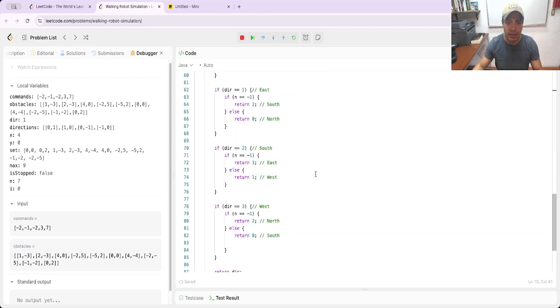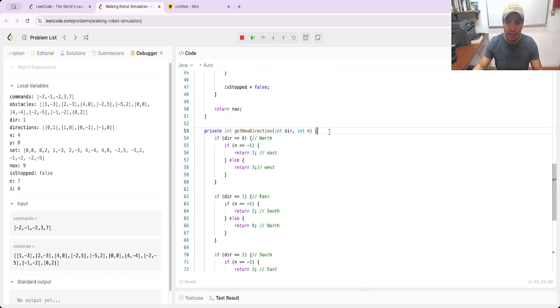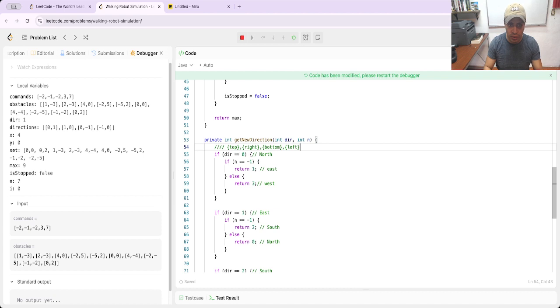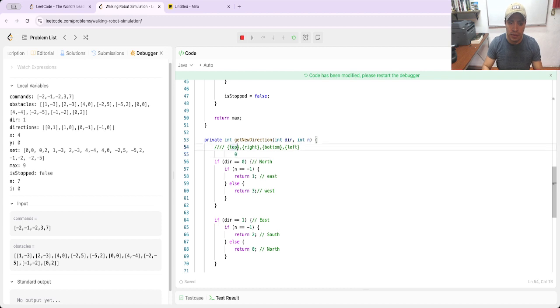Well, I use this, which means that, for example, top means 0, east, south, west.